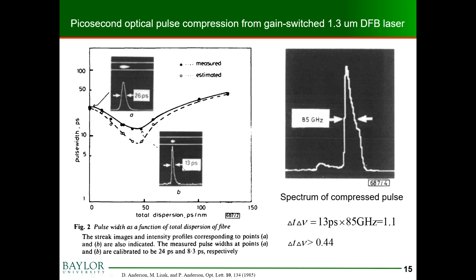So 1.1 is greater than 0.44, which means it is not a Gaussian transform-limited pulse, meaning that it has chirp in it. Without chirp, it would be 0.44. 1.1 means it has chirp in this pulse.